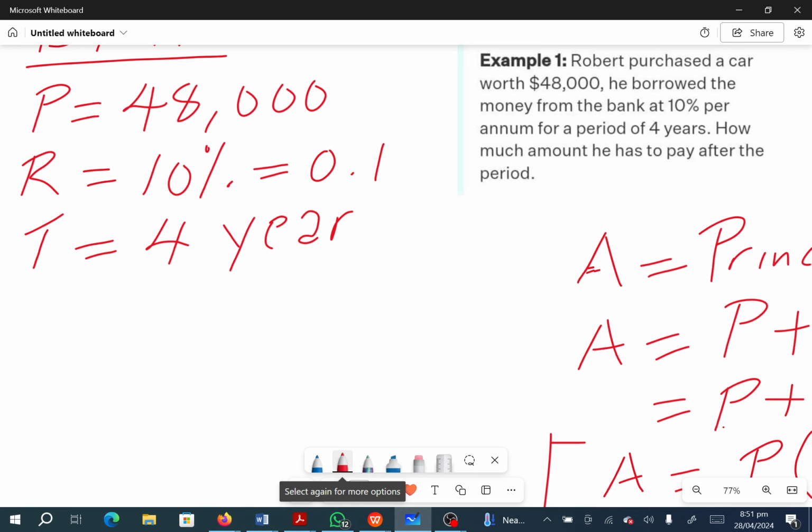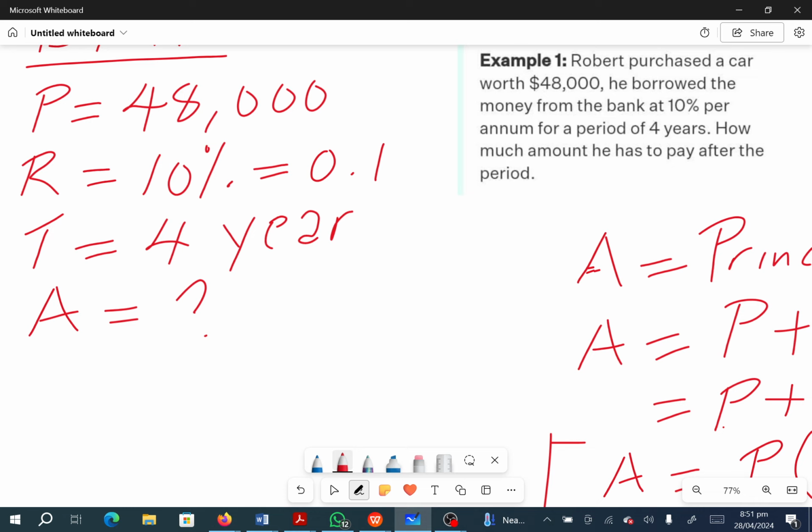So what are we looking for? We are looking for an amount. So the retained amount at the end of this period.